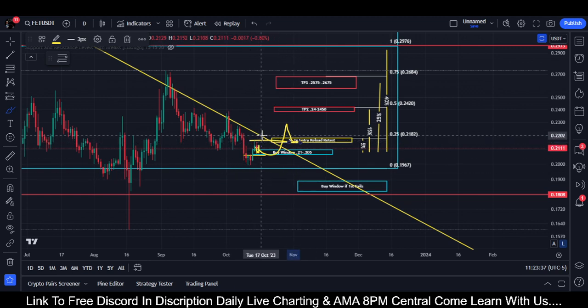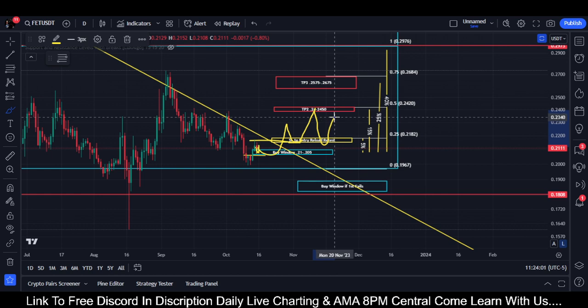You'll have your A, B, C, D, E, or your 1, 2, 3, 4, 5. Well, what's going to happen there? So if your entry is right here, this will be a new trend in the market that will retrace probably 50% of the way, stop you out, and then 1, 2, 3, 4, 5.